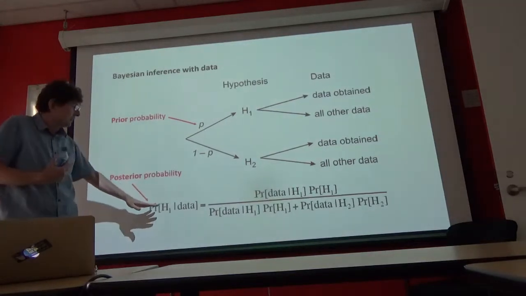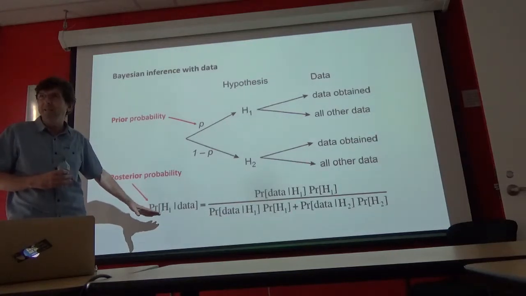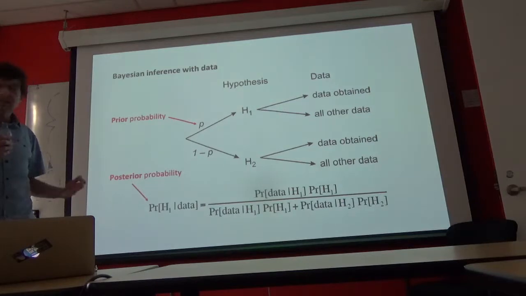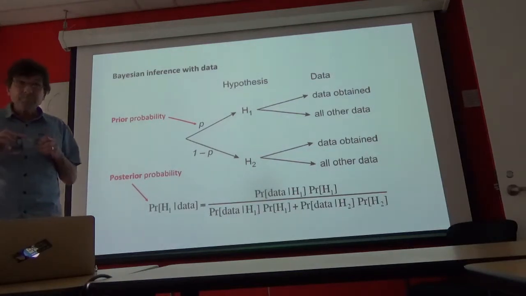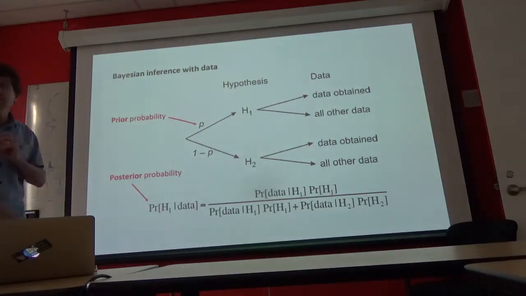Before we launch into that, I want to pause for a moment and ask, what exactly does that mean? The probability that hypothesis 1 is true. There's no random trial here. And yet, hypotheses are modeled as though they are random variables.